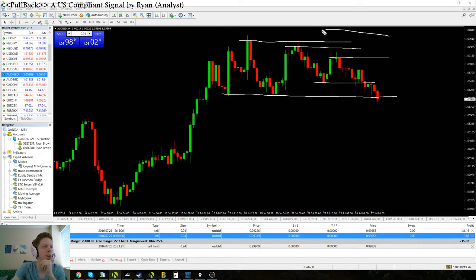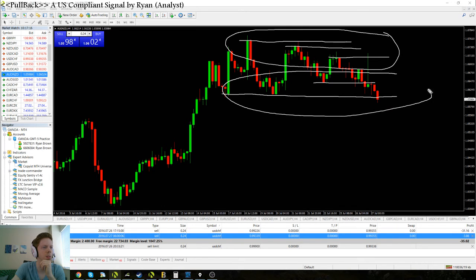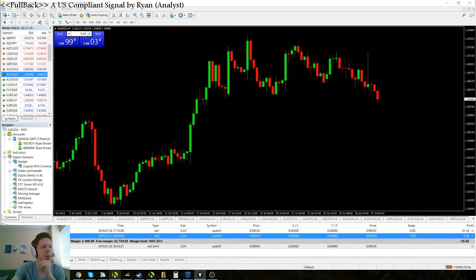So these areas are the resistance areas, and these are the supports that I see just in this bracket here. This is on the 4-hour chart. So the levels that I'm looking at were broken already. Lower highs. So this is a potential new downward trend for me. You could look at it like this as well.